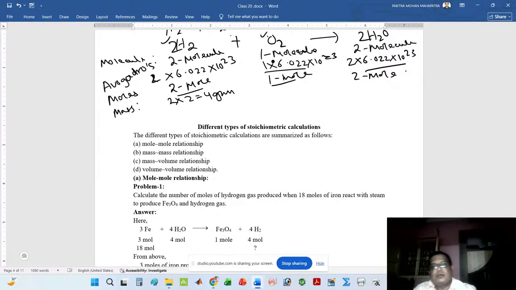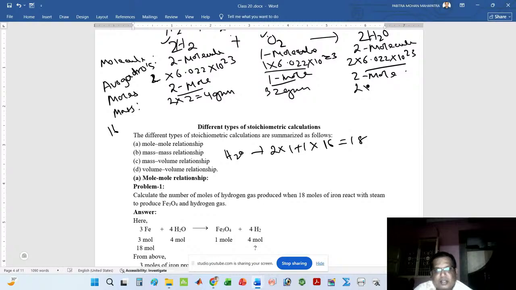For oxygen, the atomic mass is 16, so the oxygen molecule is 32, so I can write 32 gram. Water has molecular mass 2 into 1 plus 1 into 16, that is 18, so I can write 2 into 18, that is 36. So 4 gram of hydrogen combined with 32 gram of oxygen form 36 gram of water.